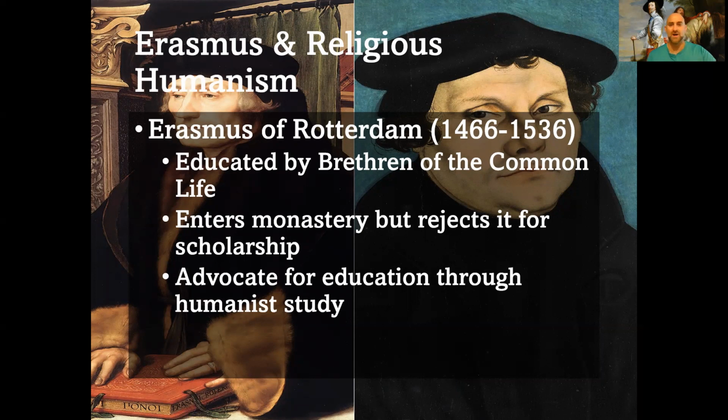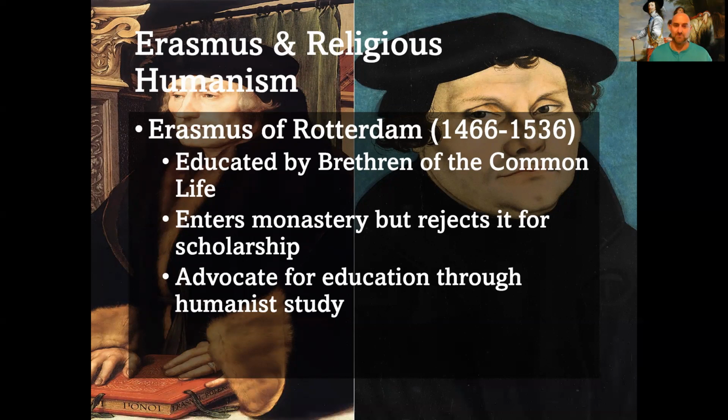He's allowed to accompany a bishop as a secretary, gets a dispensation to leave the monastery, and never goes back as a young man. He begins to travel throughout Europe, going to different universities and royal courts, becoming a sort of traveling scholar throughout Europe. And this will be his claim to fame.